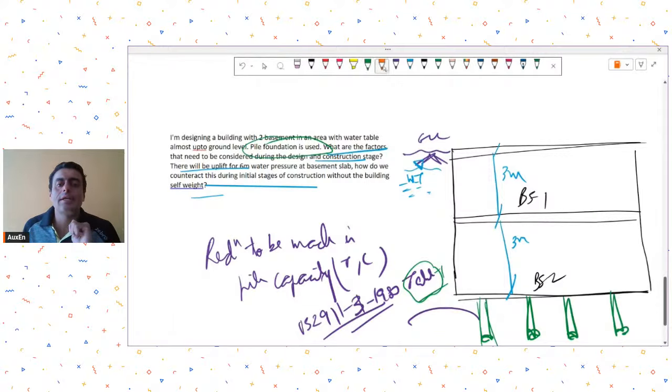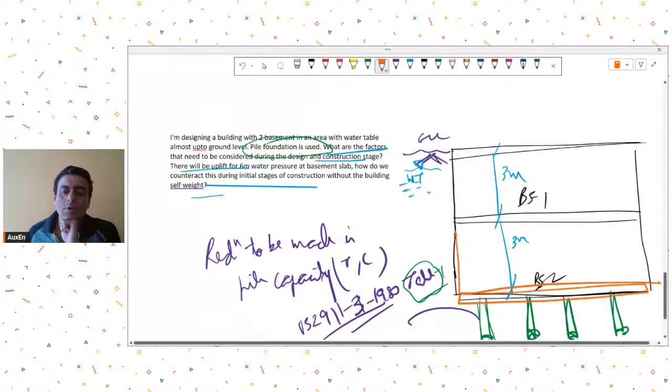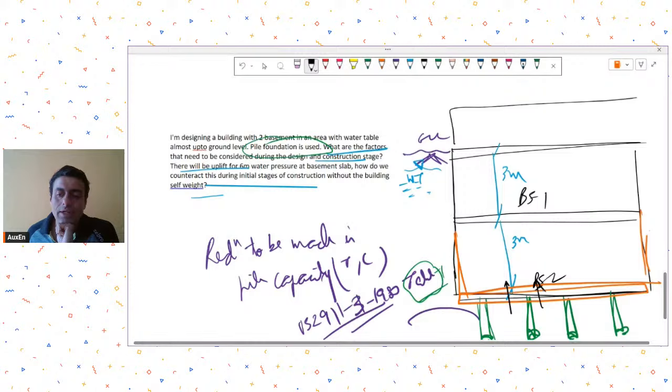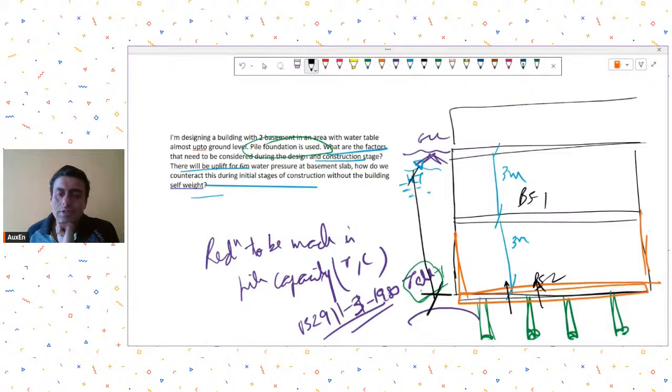The second thing is that let's say when you cast basement 2, and the other structure is not built, naturally there will be an uplift acting. Now you find out that uplift by multiplying the buoyancy force.